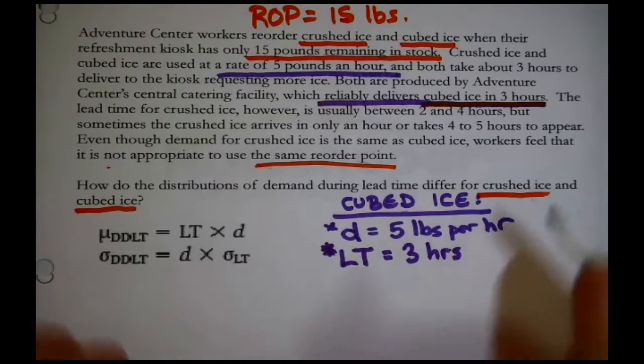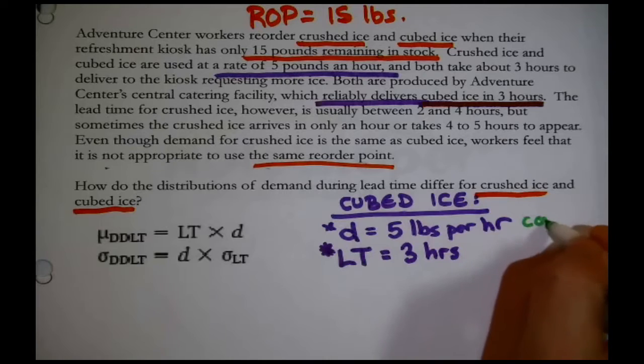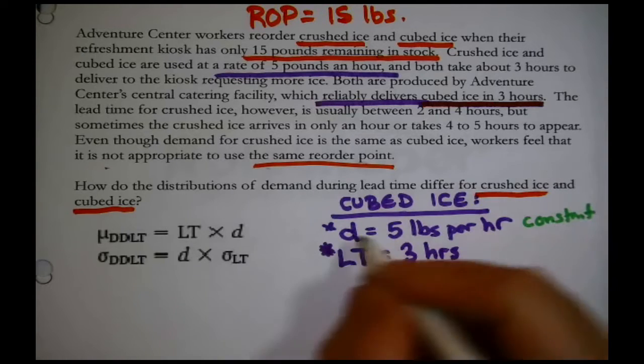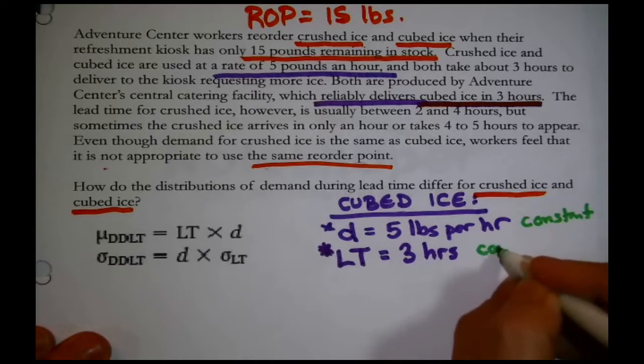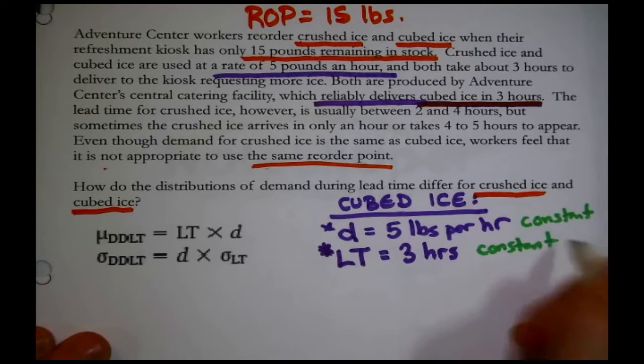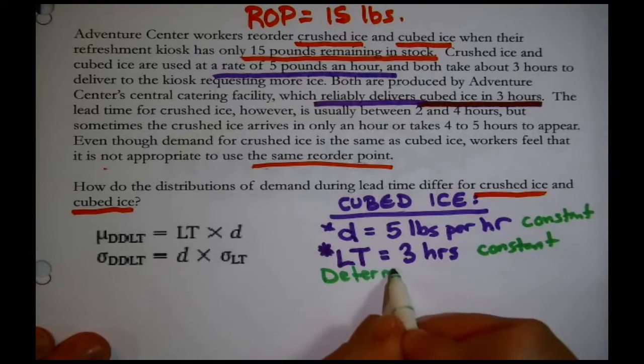One thing I want to point out here is there's no uncertainty in either case. This is constant. They're always using up 5 an hour. They always wait 3 hours before they get more.